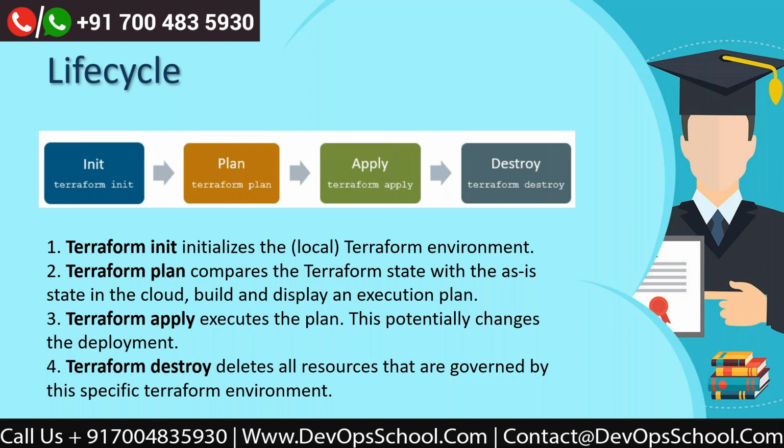In case of AWS, we will use the AWS provider. In case of Azure, we will use the Azure provider. In case of GitHub, we will use the GitHub provider. Likewise, there are approximately 200 providers which Terraform currently supports. And the beauty of Terraform is you can create your own provider as well.